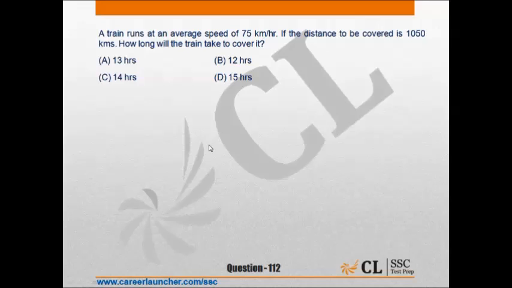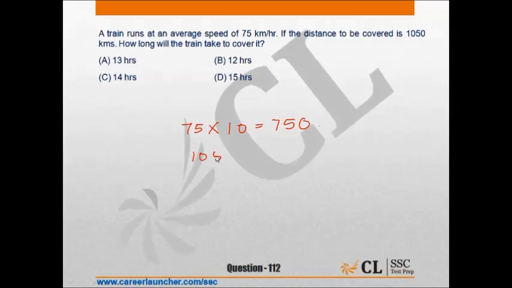The question is, a train runs at an average speed of 75 km per hour. If the distance to be covered is 1050 kilometers, how long will the train take to cover it? Now, as in every option, the time is more than 10 hours. So, in 10 hours, with the speed of 75 km per hour, the distance that can be covered is 750 km.